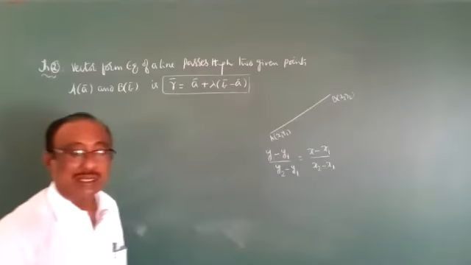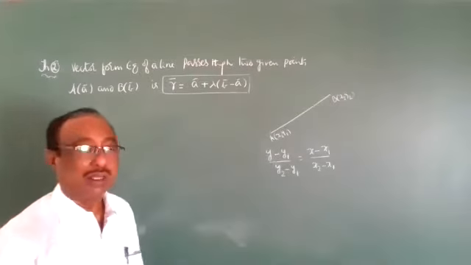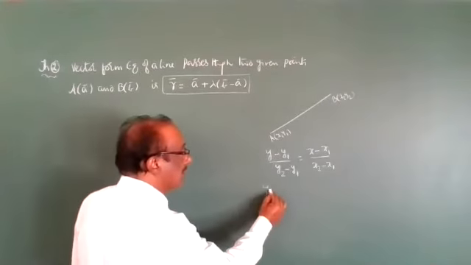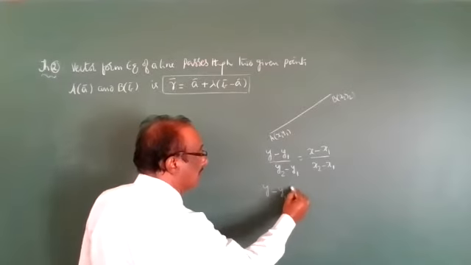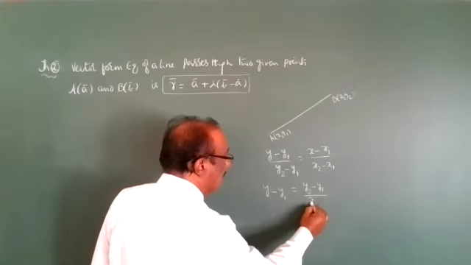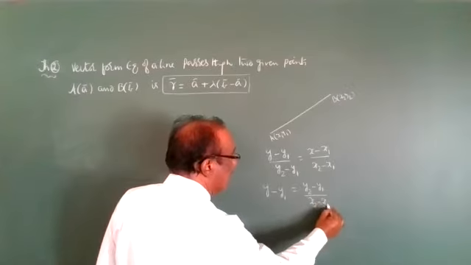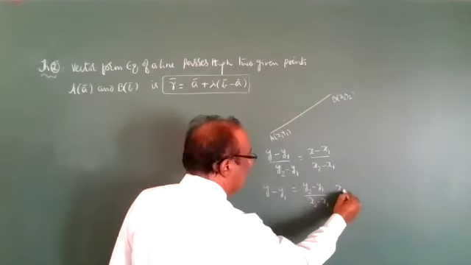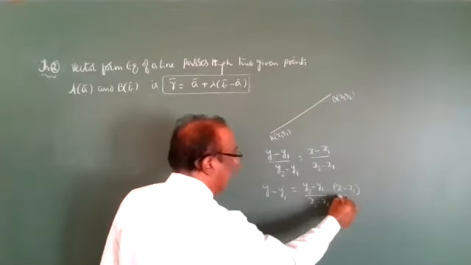So we can write y minus y1 is equal to, by cross multiplication, y2 minus y1 by x2 minus x1, this is the slope, into x minus x1.